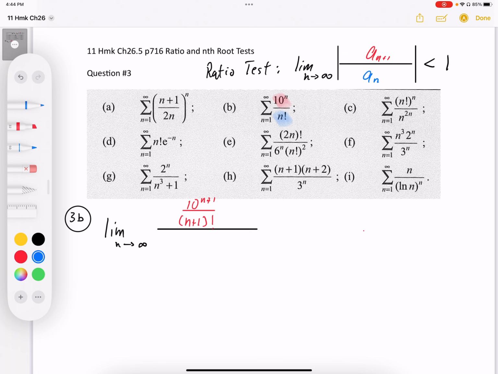And in the denominator, this is my a_n, that's going to end up being my b_n, sorry. So this is what's going to end up in the denominator: 10 to the n over n factorial. Then we're going to simplify this fraction.